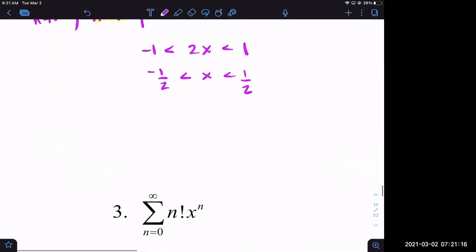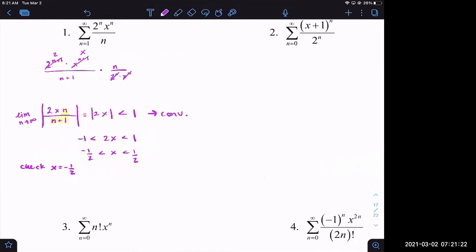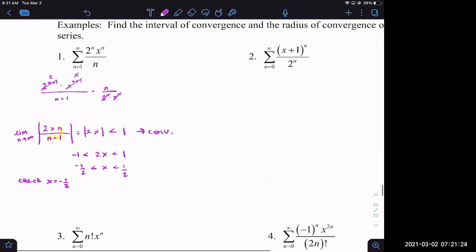So when we check, I'm going to check what happens when x equals -0.5. So that means I'm going to take -0.5 into the original function. Instead of writing x, I'm going to write -0.5, and I'm going to simplify and see if that series converges. So this would give me the sum of 2 to the n times -0.5 to the n over n.